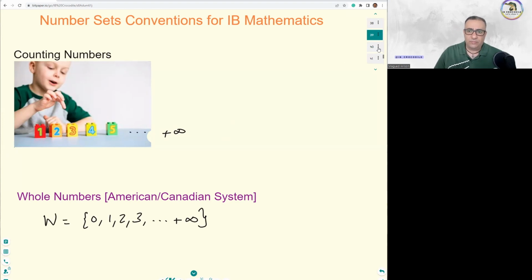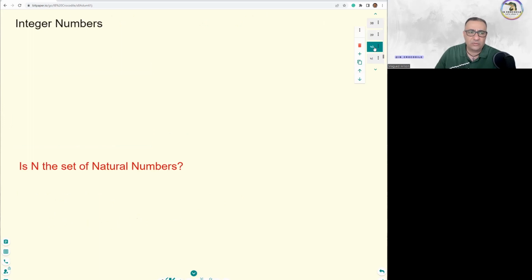Of course, whole numbers do not include any negative numbers. So when we grew up at school, from elementary school or junior high, we started to deal with negative numbers, and that's why there is a need to develop the set of integers, which will include the negative numbers.